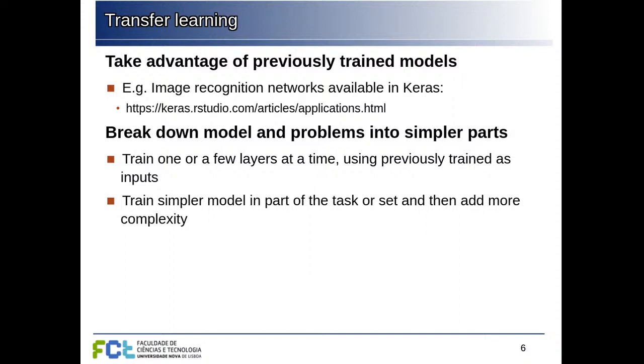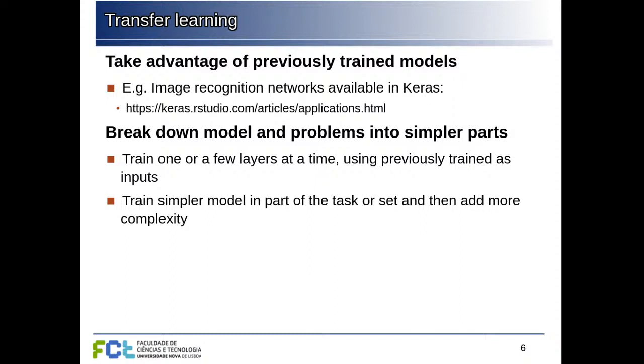So we can use these networks to extract features from our images, and then use those features by coupling that part of the network to some classifier that we're going to train and adapt to our particular problems. We can do this by breaking down the model and the problems. We can train parts of the model.